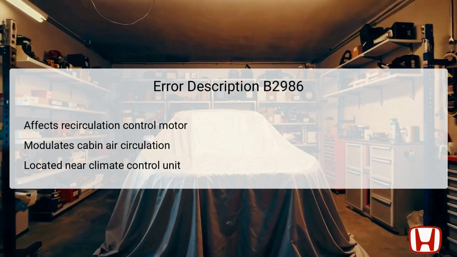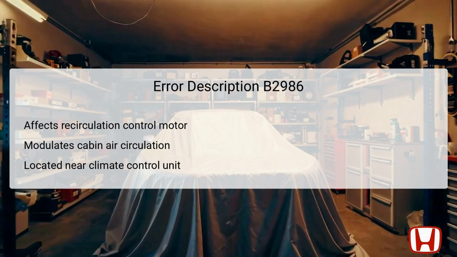Its location near the climate control unit enables it to work closely with other components to maintain the desired cabin temperature. A malfunction indicated by DTC B2986 suggests that there is an open circuit in this motor's control circuit, impacting its ability to function correctly.